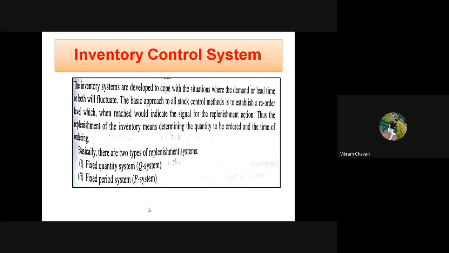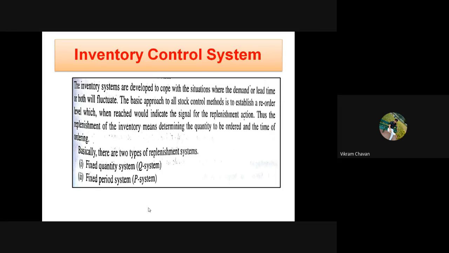Thus, the replenishment of inventory means determining the quantity to be ordered and the time of ordering. Basically there are two types of replenishment system.